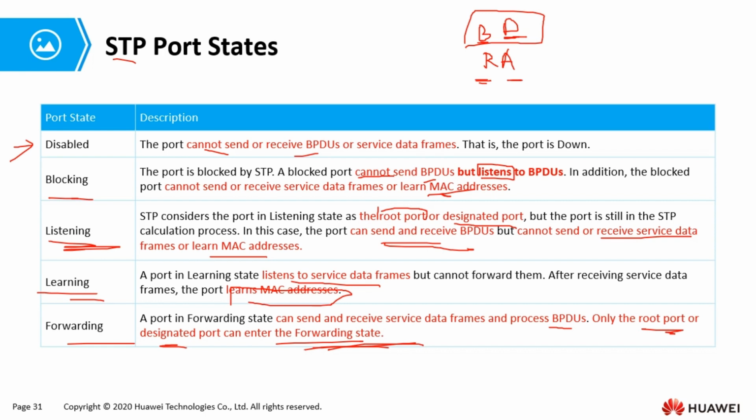Just remember, alternate port is used to back up the root port. So for example, an alternate port is under the blocking state. In order to reach forwarding, it has to transfer to listening, then move to learning, and then only can it do the forwarding.